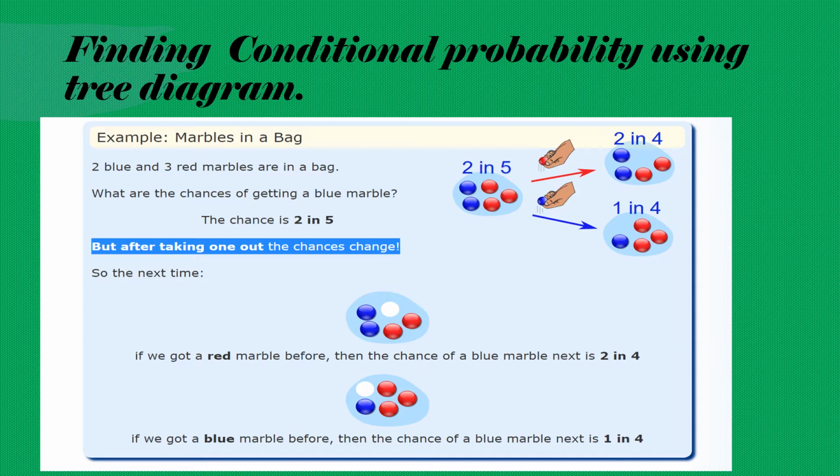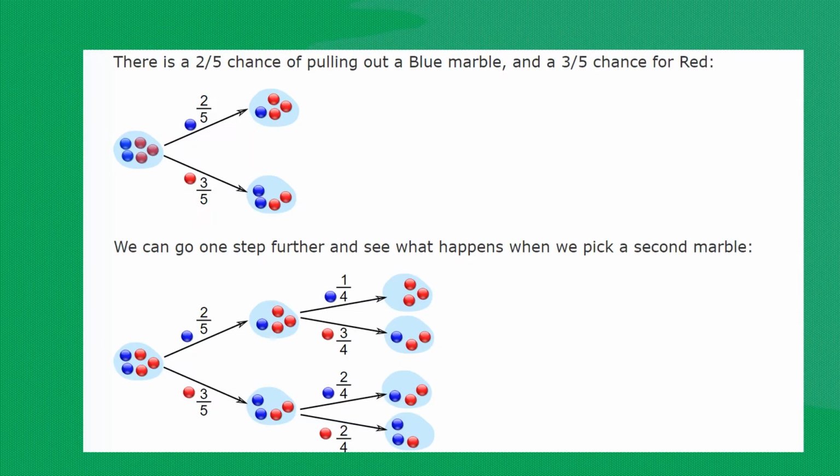If you are picking 1 blue ball, then again it will have 4 balls, 1 blue and 3 red. So the probability of picking 1 blue ball from this bag of 5 will be 2/5. Picking a red ball will be 3/5.